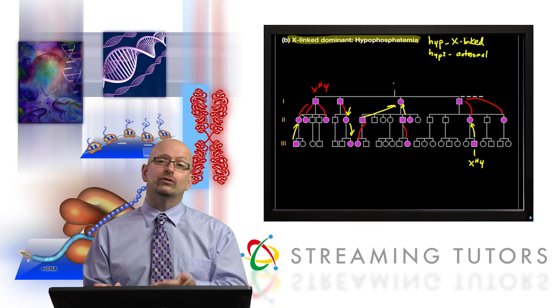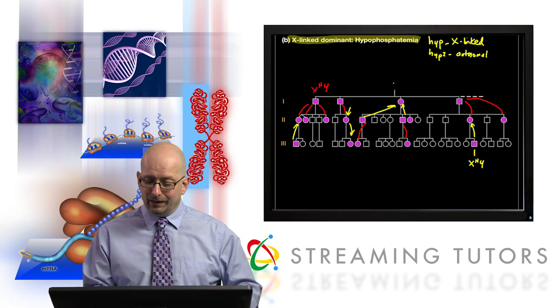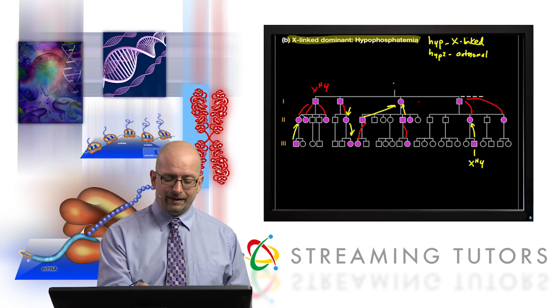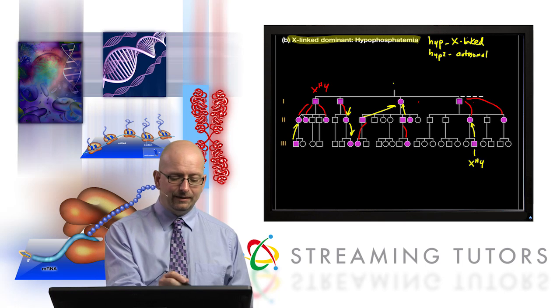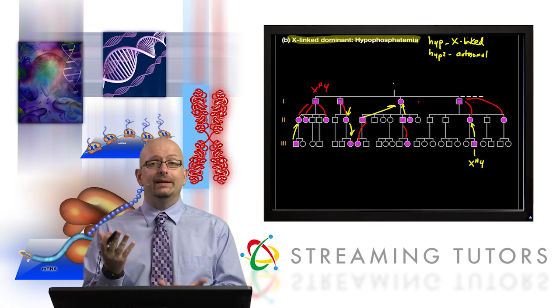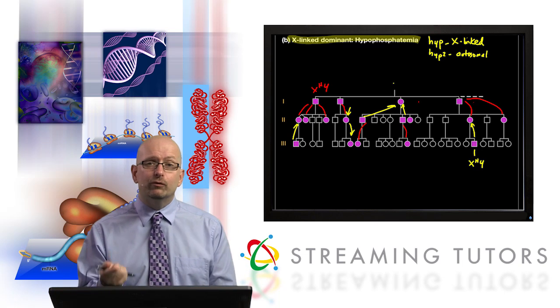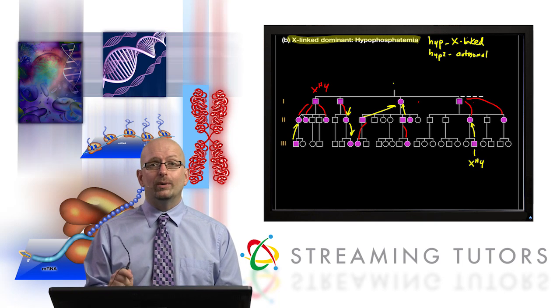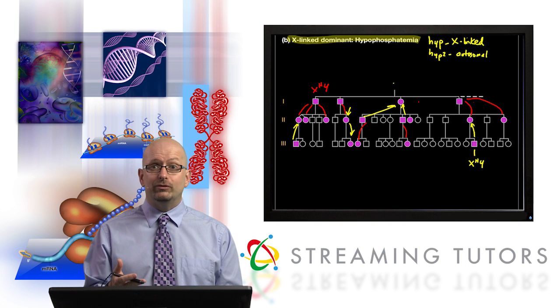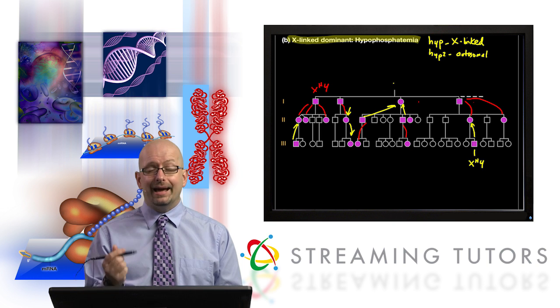It's like that crisscross inheritance that we discussed. So we have over 10 instances where in theory it could have been either sex, and consistently every single time we're seeing a situation that would happen if it was X-linked. It's not proof, but it's good enough in the lack of any other evidence to basically say the strong likelihood is that this is going to be X-linked.